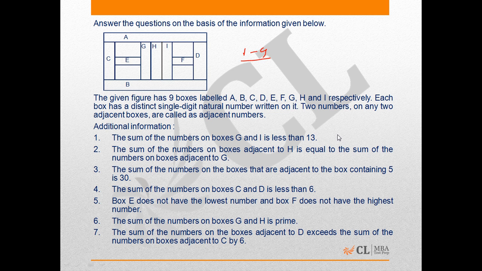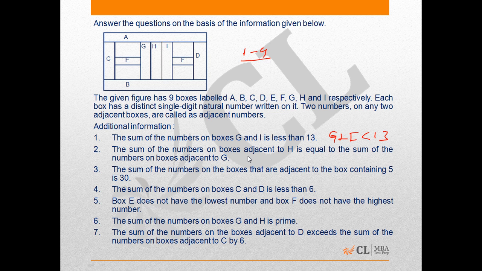The first statement is that the sum of numbers on the boxes G and I is less than 13, which means G plus I is less than 13. The sum of numbers on the boxes adjacent to H is equal to the sum of the numbers on the boxes adjacent to G. The boxes adjacent to both G as well as H are A and B, so while considering the sum we would not consider these two boxes.